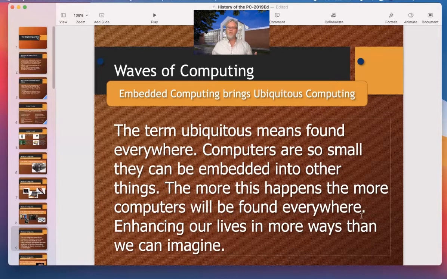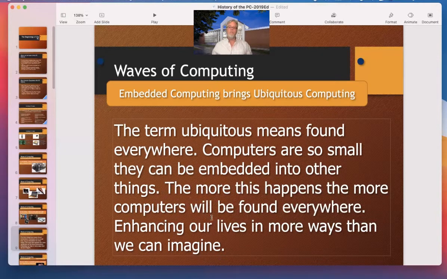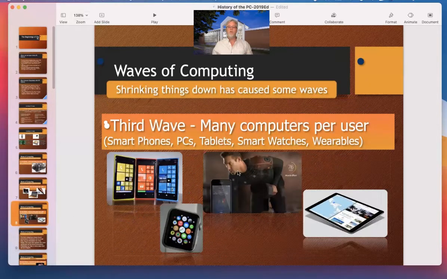And that, of course, in some areas of our country is happening. In other areas, it's not happening so quickly. But you'll be able to find computers everywhere. What causes that? They're cheap. So if it's really cheap to put a computer chip into your clothes, then why not do it?